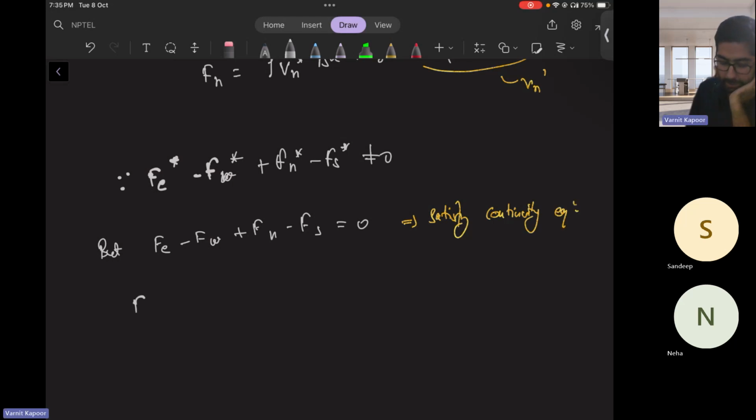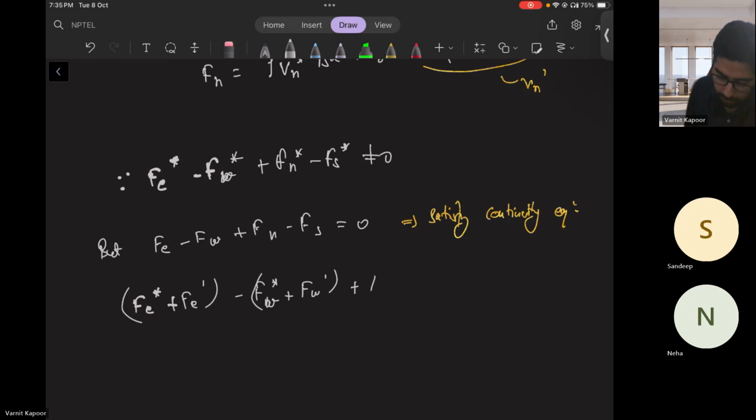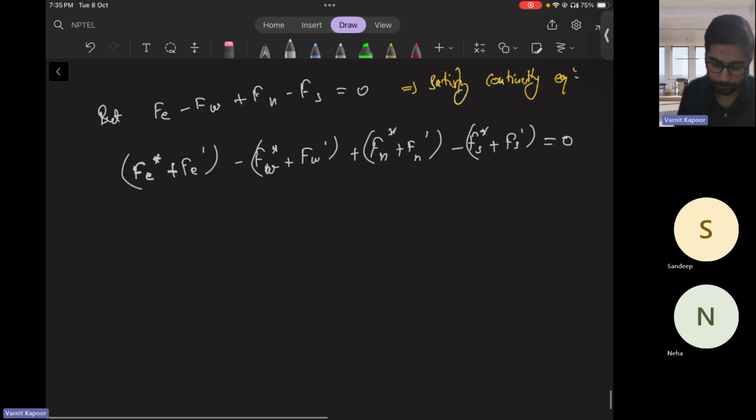So Fe is nothing but Fe star plus Fe dash. Similarly, Fw star plus Fw dash, plus Fn star plus Fn dash, minus Fs star plus Fs dash equal to 0.